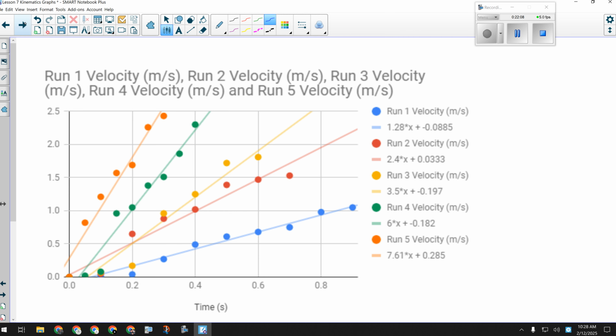For run 5, I would like to know the acceleration and the displacement to 0.2 seconds. Those are the two things I would like you to find.